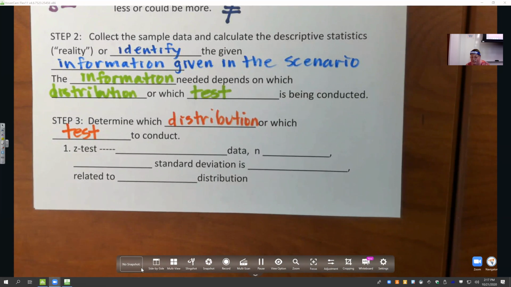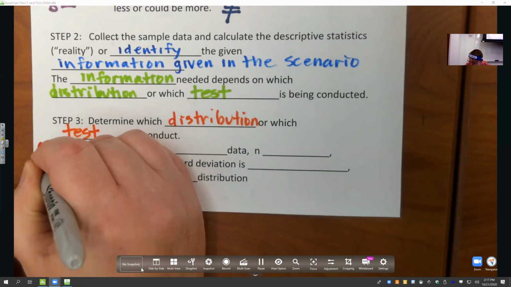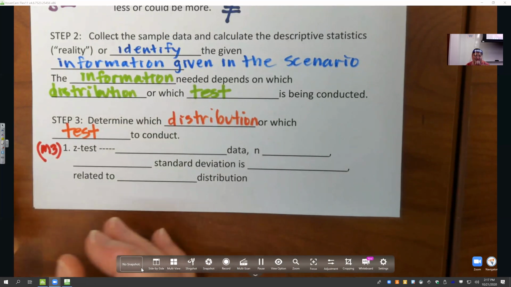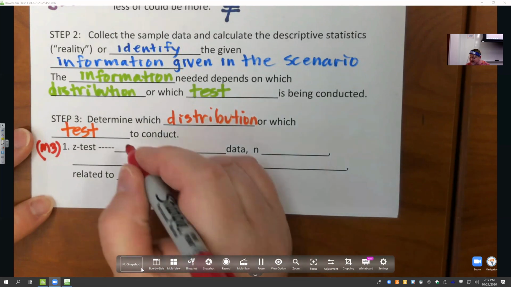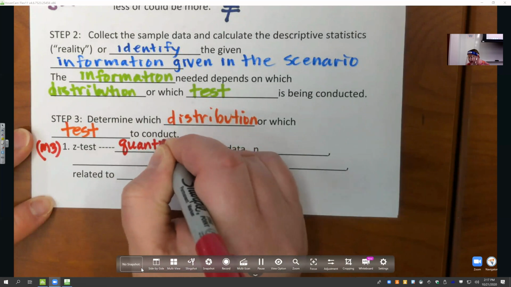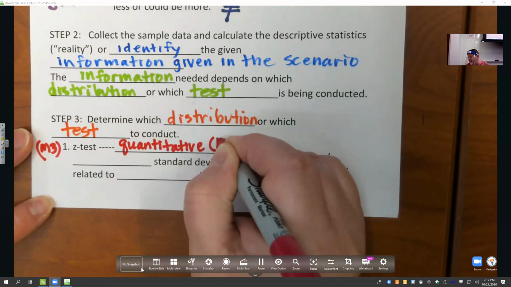The first one that we're going to talk about in Module 3, and I'm going to make a note here that this is in Module 3, M3, is a z-test. Okay, the z-test is used if you have quantitative data. Remember, quantitative data means you're going to have numbers.